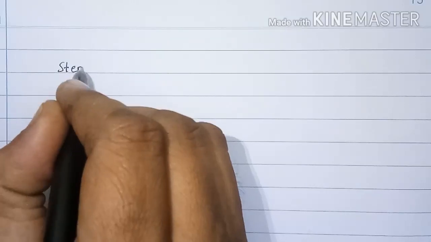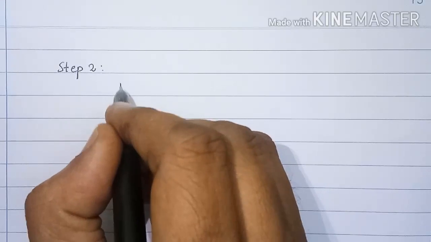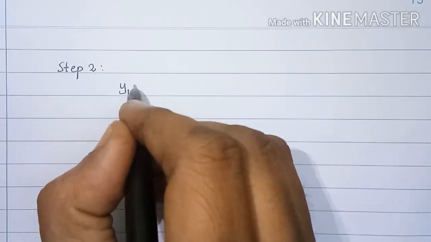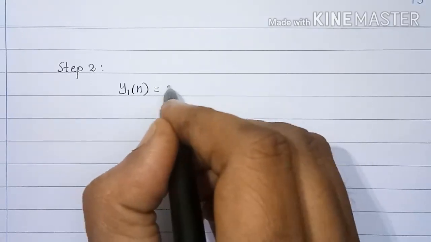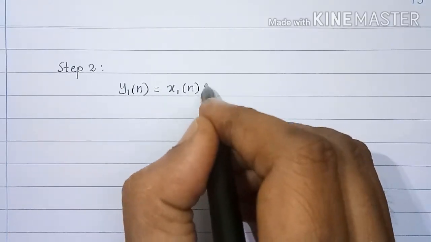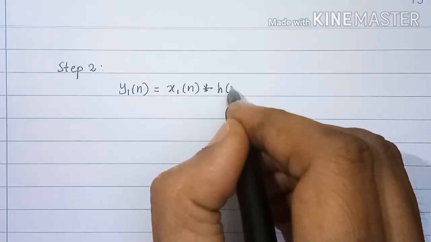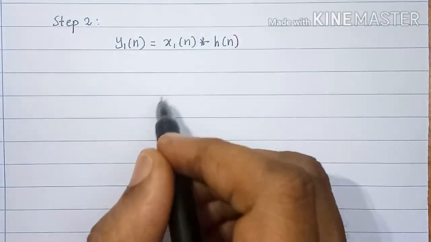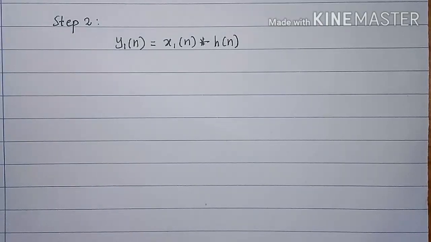In step 2, we will find the convolution sums of x1 of n with h of n, that is y1 of n, x2 of n with h of n, that is y2 of n, and so on. So first we will find y1 of n, that is x1 of n convolved with h of n. We will make use of the tabular method which I have explained in the beginning of this class.